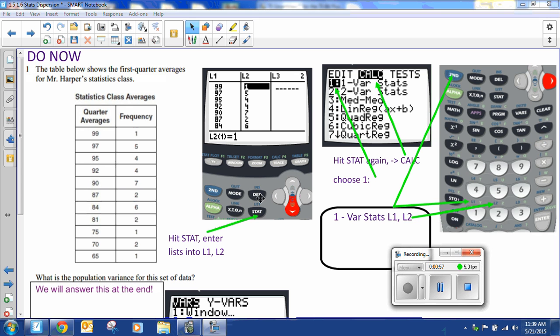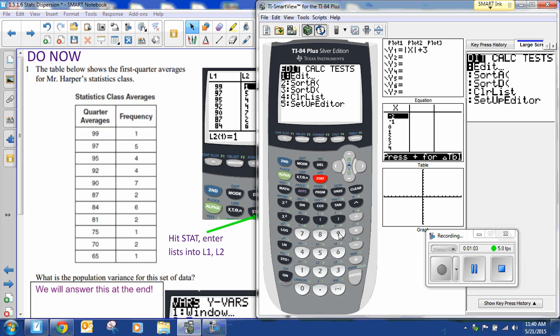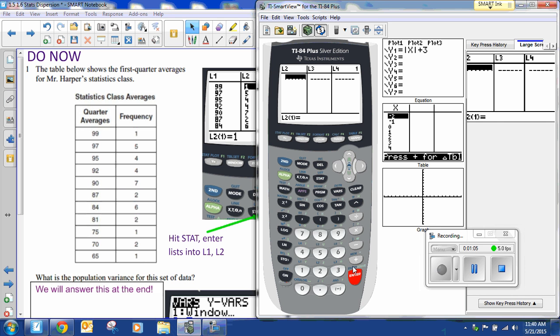Well, first thing we're going to do is plug all this into the calculator. So again, we go to Stat, Edit, and I'm just going to type in these values.